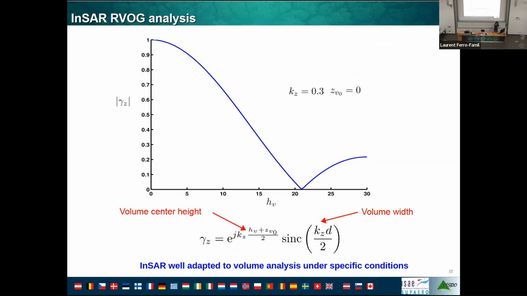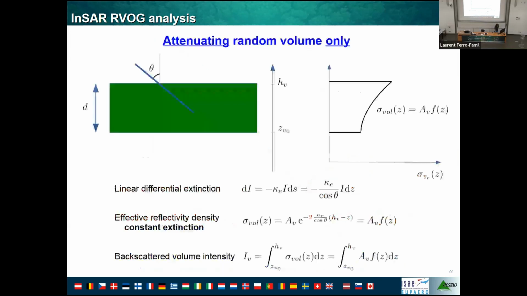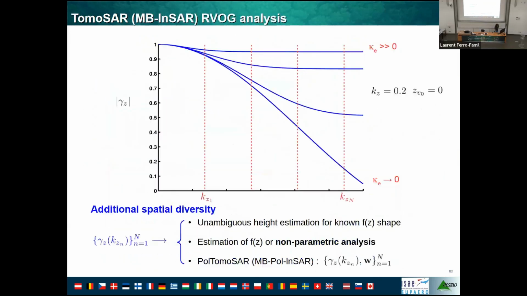So if I look at the modulus of the coherence for different kz values, I will be able to guess the true value of the depth. And this is what is proposed here. You just do a tomographic experiment with one baseline, double baseline, 3 times, 4 times, 5 times this baseline. When I look at the coherence values I get, I can guess the characteristics of the forest I'm looking at.